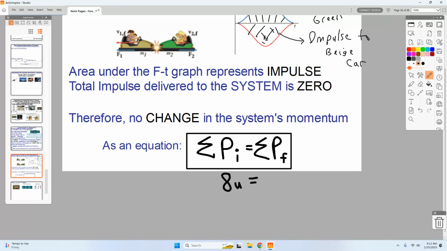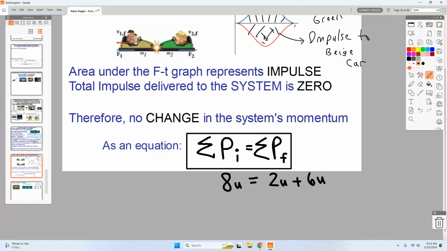Let me give you some numbers. Let's say that the cue ball came in with 8 units of momentum, and then it continued on after the collision with 2 units. Could you tell me how much the red ball has to have acquired? This is a sum, not a product. So it'd be 6 units. If I started with 8, I'd have to end with 8.